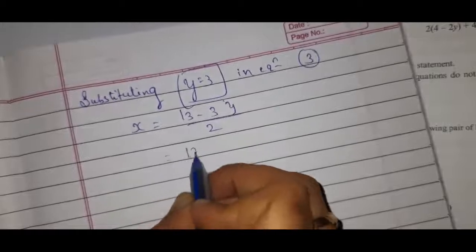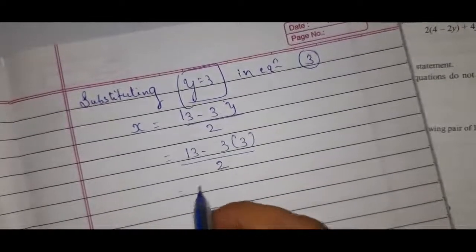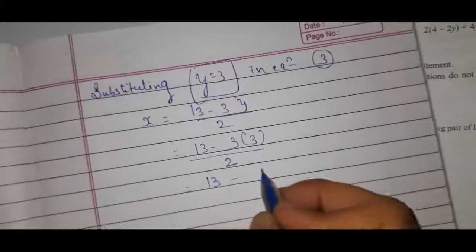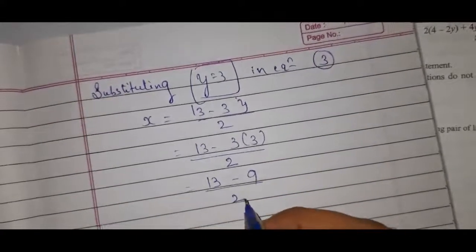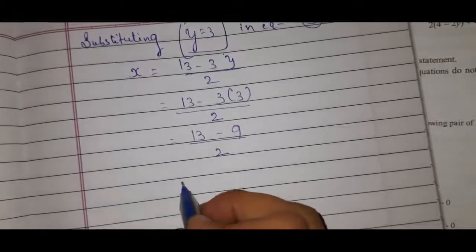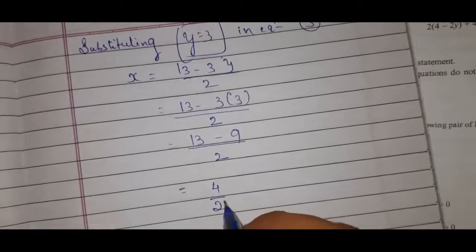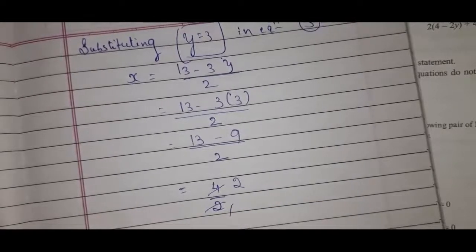So 13 minus 3 into 3 divided by 2. 13 minus 3 threes are 9, divided by 2. 13 minus 9 is 4 divided by 2. 2 ones are 2, 2 twos are 4. x equals what here? 2.